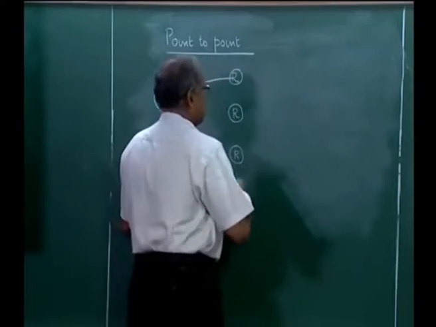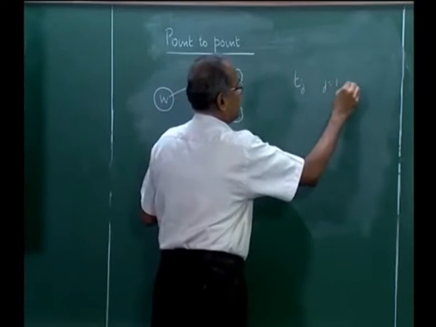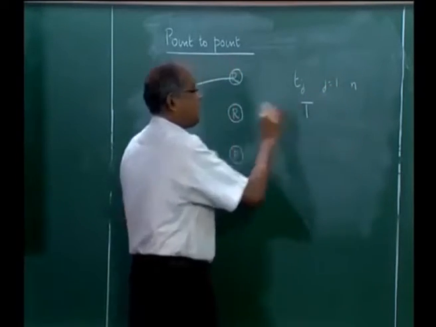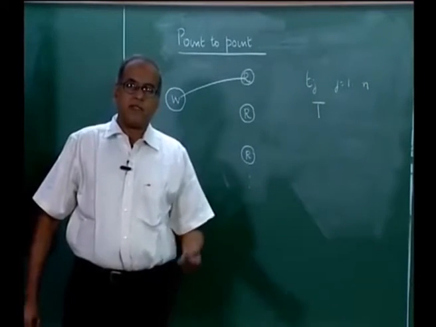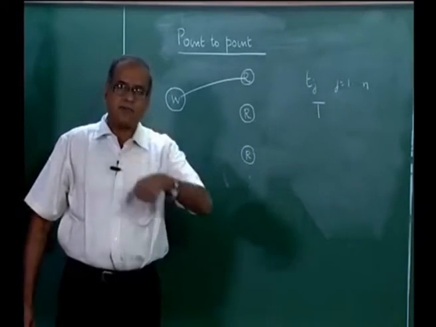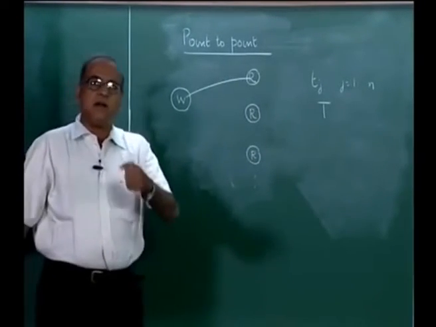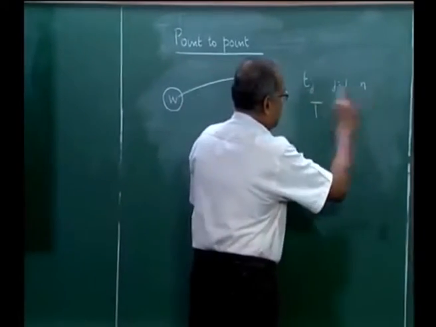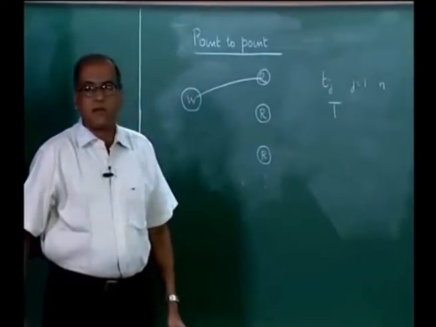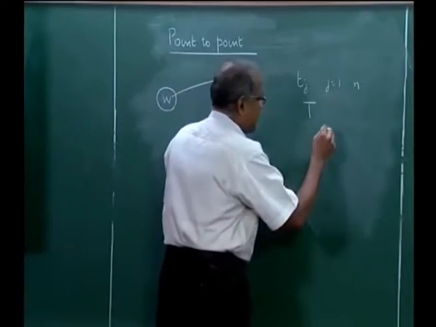Instead of distance, we call them time tj, j equal to 1 to n, and the truck is available only for a time of capital T. Then the question is, how many trips should this truck take, or how many trucks do I need such that I meet the demand of all of these t1 to tn. So, that problem is called a bin packing problem.